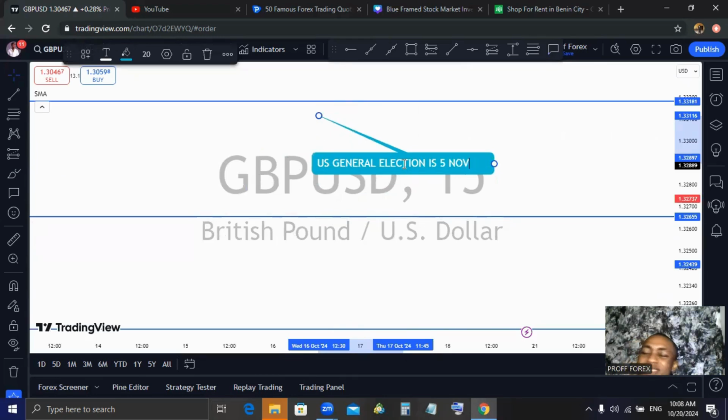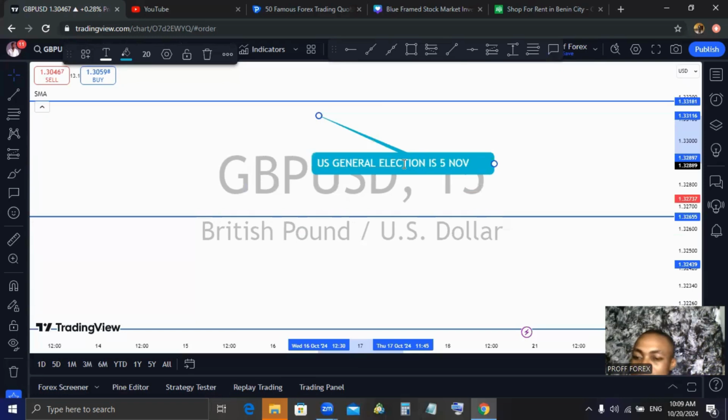I'm trying to put at the back of your mind that there's a big fundamental and it will affect every currency pair, because the world's reserve is the dollar. It will affect every currency pair next week.